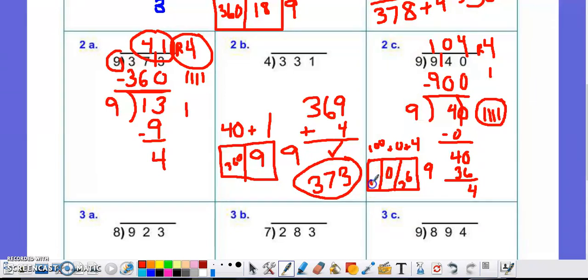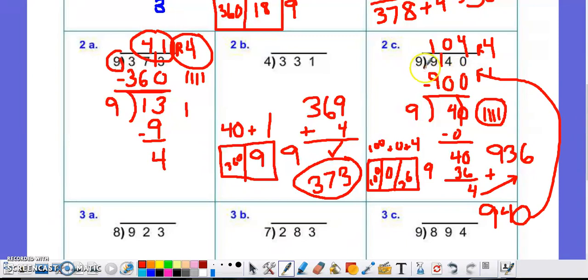And 9 times 1 is 9, or 900, which is going to give me 936, which initially doesn't match my dividend, but when I add my remainder of 4, I get a total of 940. Once again, when I multiply my divisor by my quotient, then add my remainder, I am using multiplication to check to see if my division is correct.